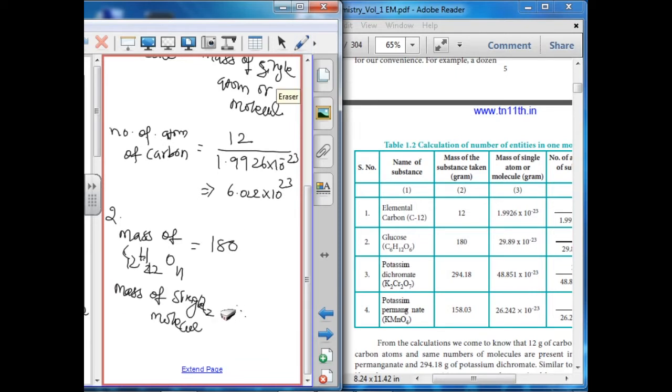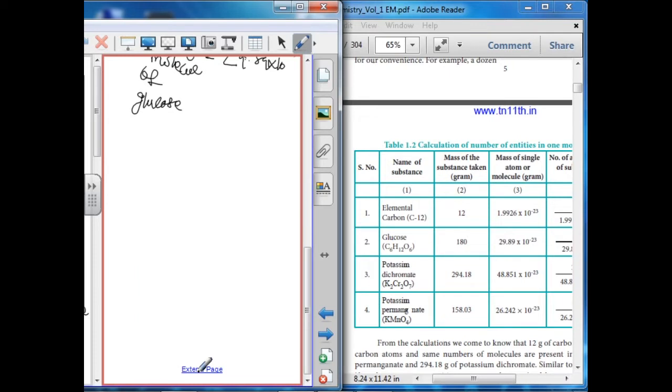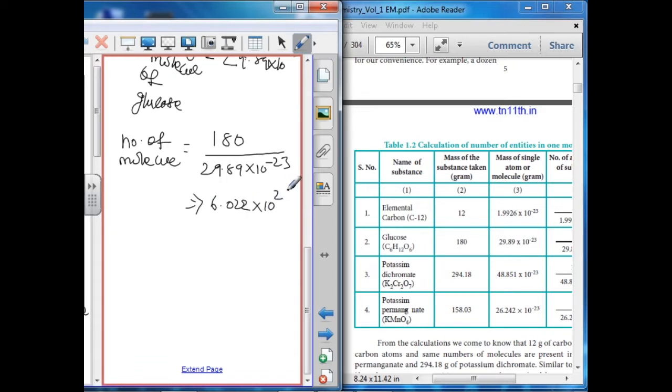Mass of a single molecule of glucose is 29.89 into 10 power minus 23. Number of molecules equals mass divided by mass of a single molecule, which equals 6.022 into 10 power 23.